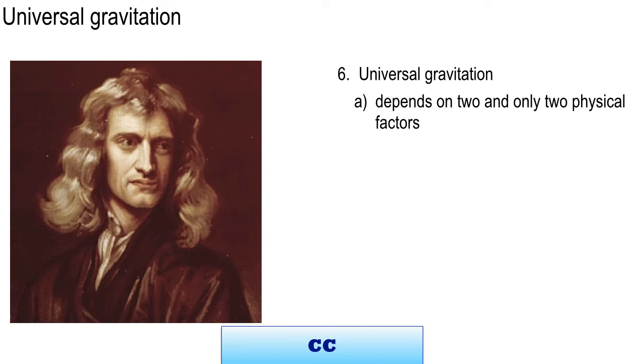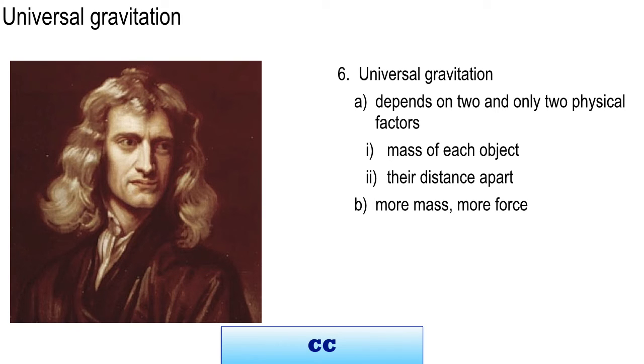This is going to be his law of universal gravitation. Statement 1, or statement A. It depends on 2 and only 2 physical factors: the mass of each object in kilograms and their distance in meters. And you're actually going to square the distance. You measure it in meters, and then you go to your calculator and square it.